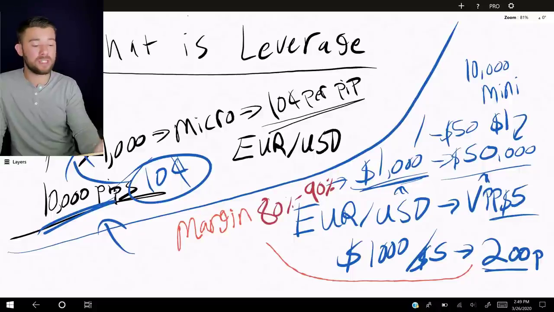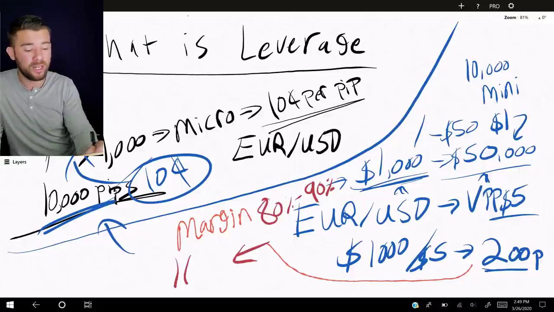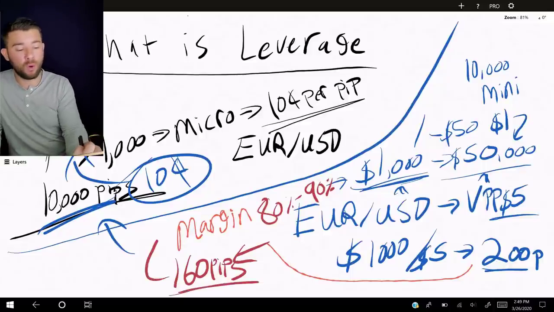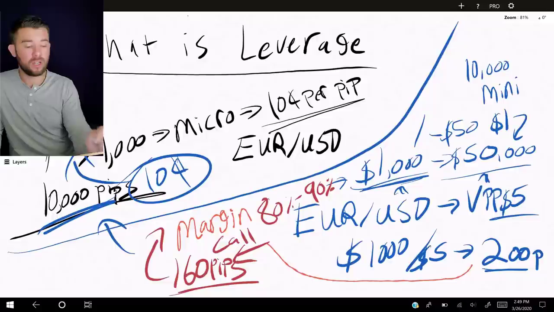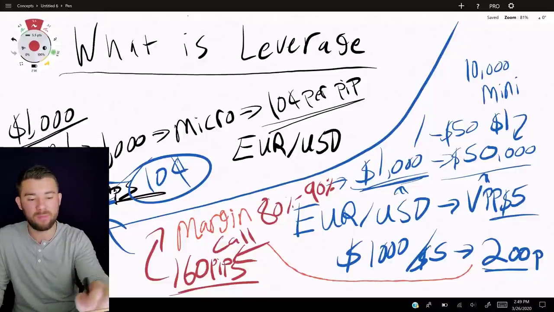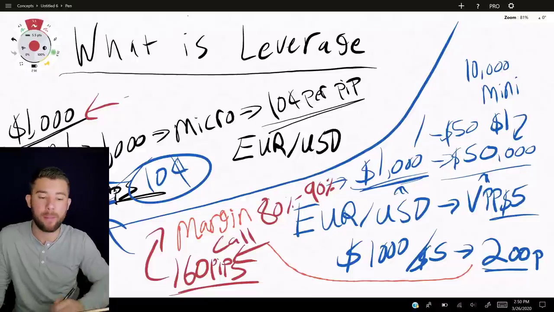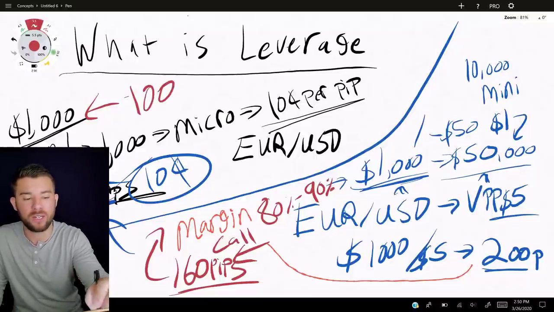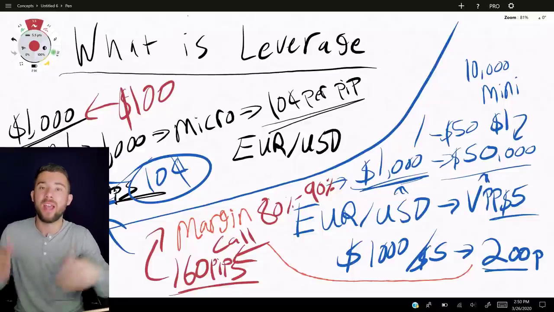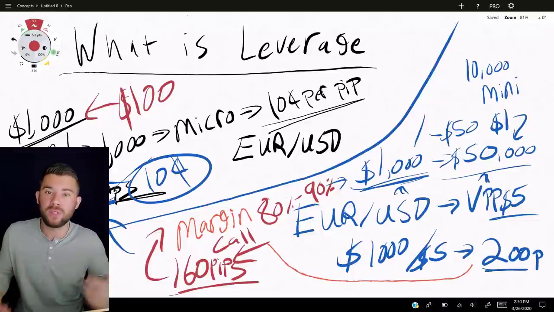So instead of 200 pips, it's more like you have about 160 pips, maybe 170 pips of risk before you get a margin call, which is when they take all of your trades away and you're left with a balance of about 10% of your original capital. So you would be left with a $100 account after 160 pips of movement out of the euro dollar if you just had one wrong guess.